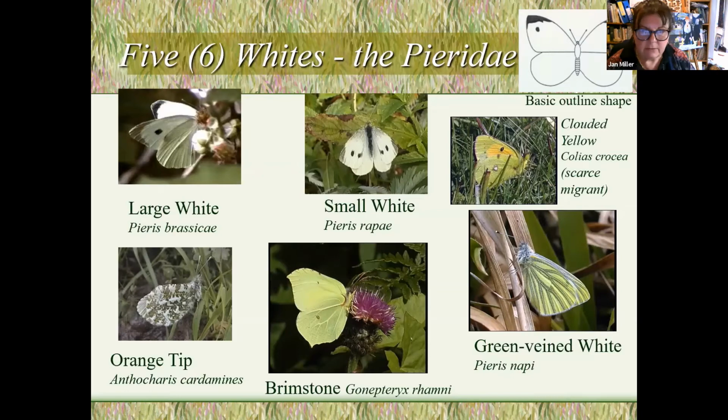There is another white butterfly called the orange tip, which looks very similar to the small white when it's the female, because it doesn't have the orange tips on it. But it does have this mottled green and white pattern underneath, which is quite different from the so-called cabbage whites, which just have a pale yellow underwing.